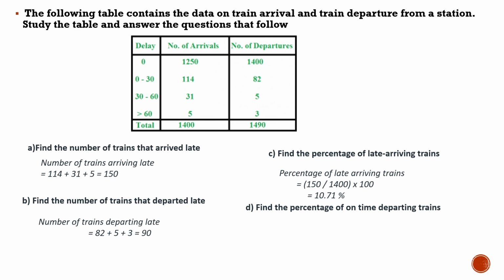So that is a total of 1400, and the total number of trains which departed is 1490. So in order to find the percentage, divide the number of trains which departed on time by the total number. So 1400 divided by 1490 multiplied by 100, that will be 93.96 percent.